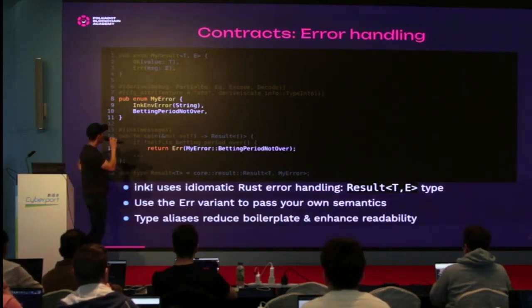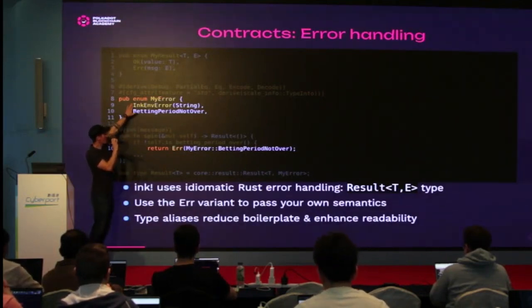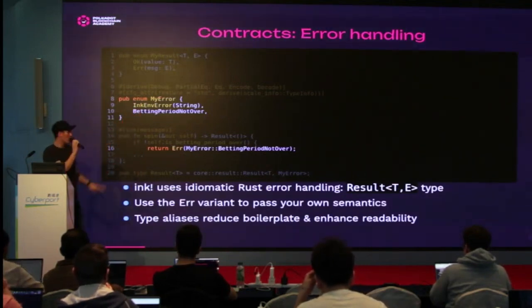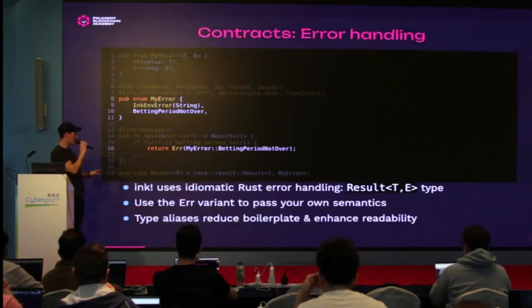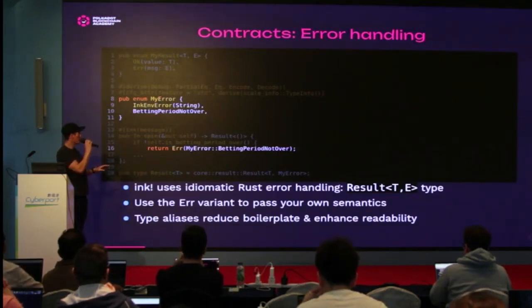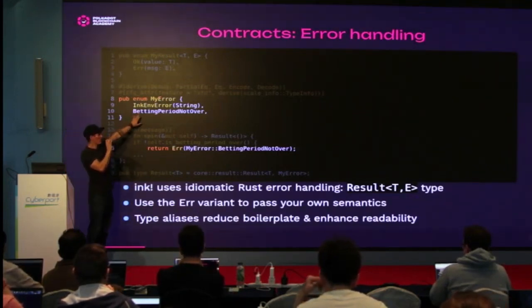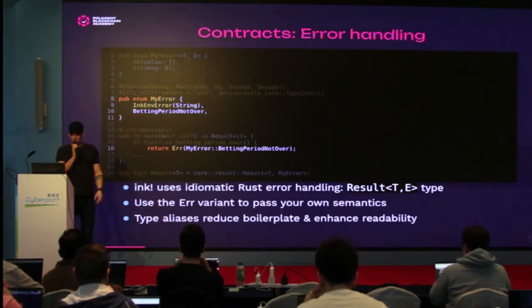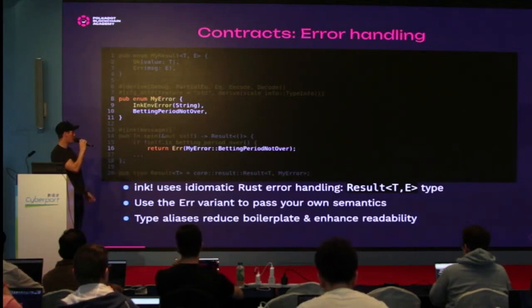The way you do it in Ink is you define an enum with different variants, and anything goes. Whatever semantics makes sense for your smart contract. This is supposed to be human readable, because this is how you're going to see what went wrong or how you handled different transactions, whatever makes sense in the context of whatever you're writing.